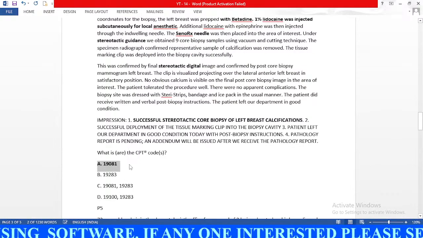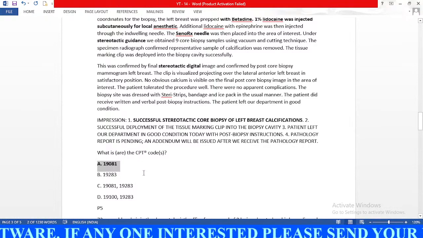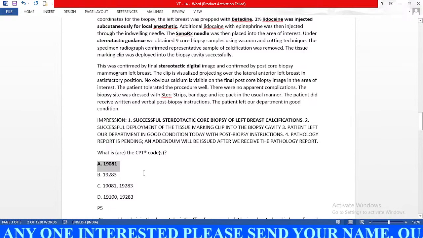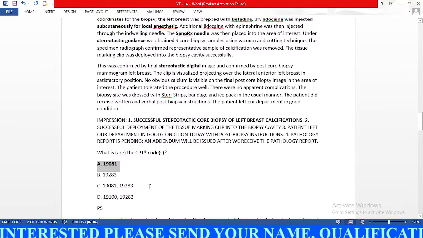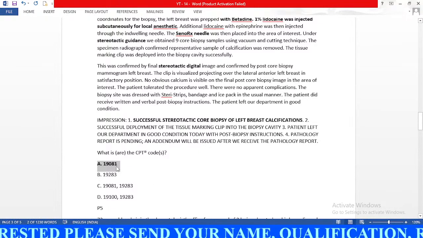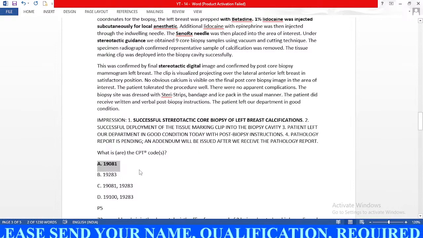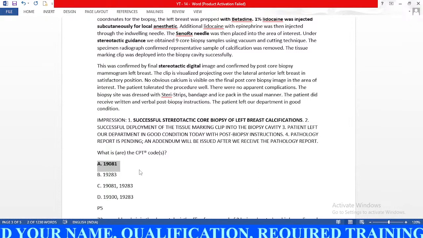So I hope all wrote the correct answer. Yeah, Imna wrote correct only. So Parimala, you need to understand this. 19283 is for only the localization device. If you check 19081, this is used for biopsy as well as the localization device as well as the stereotactic guidance.